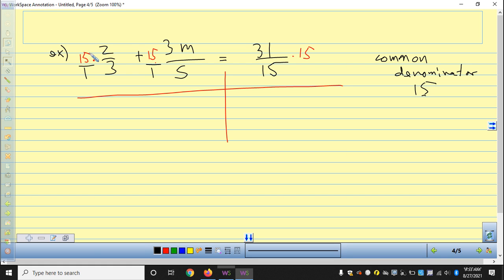So I can write this as 15 times 2, which is 30, divided by 1 times 3, plus 15 times 3 is 45m, divided by 5. And here, the 15s go away. So I multiplied these fractions straight across.